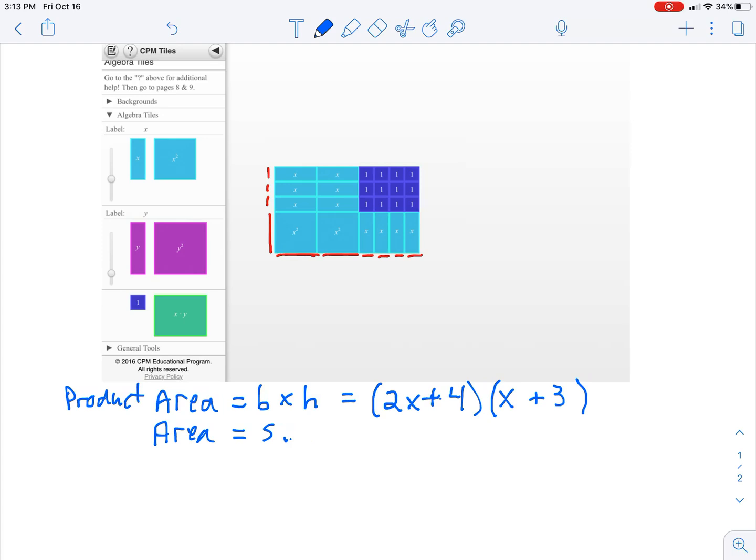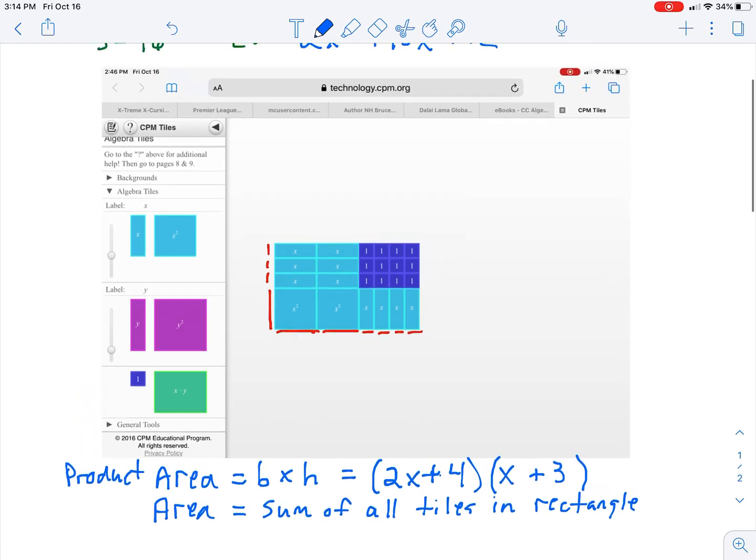Okay, and I'm not sure why my pen doesn't want to work. Sum of all tiles in rectangle. Okay, well, look, it gave us that already.